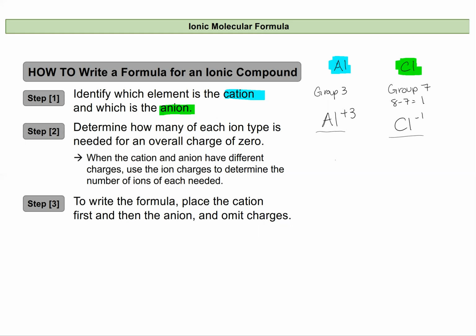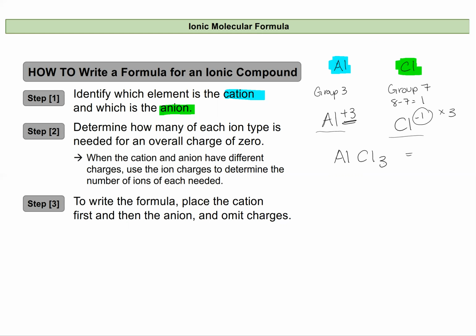I need to figure out how many I need of each to be able to balance out to an overall 0 charge. If I had just aluminum and chlorine, then I would have a +3 and a -1 coming together. This would have an overall +2 charge still associated with it. So I can't bring these together in a 1-to-1 ratio. To get that 0 charge, I need 3 of these -1 charges from chlorine to balance out the +3 of my aluminum.